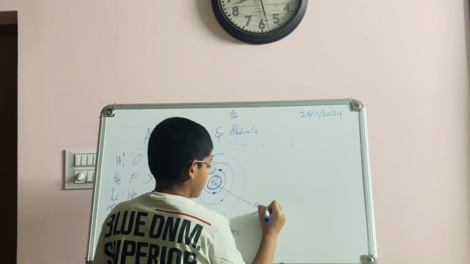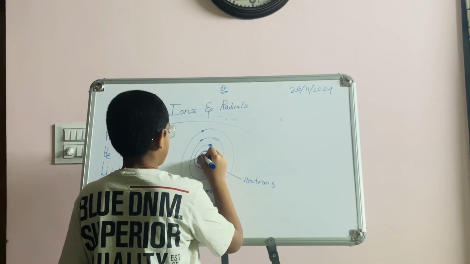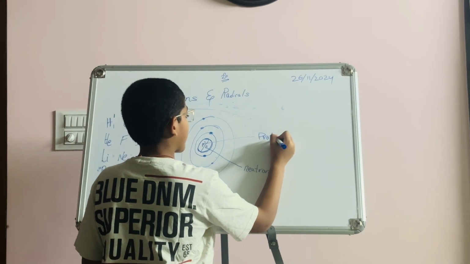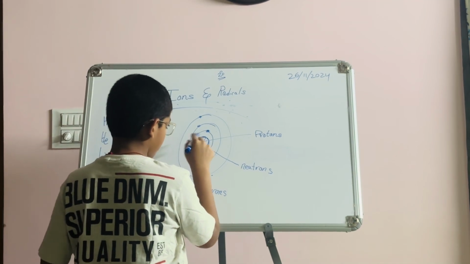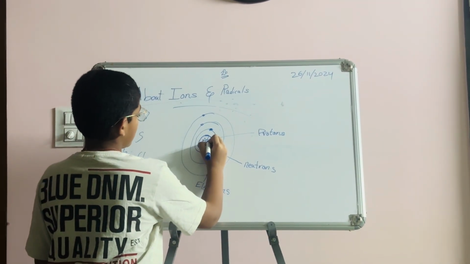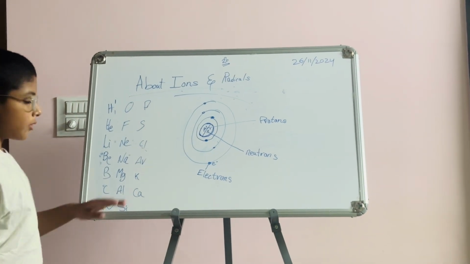Neutrons, and these are protons. Again, I'm going to repeat. Protons and neutrons are going to be in the nucleus, and the remaining are the electrons that are present in the shells or orbits around the nucleus.